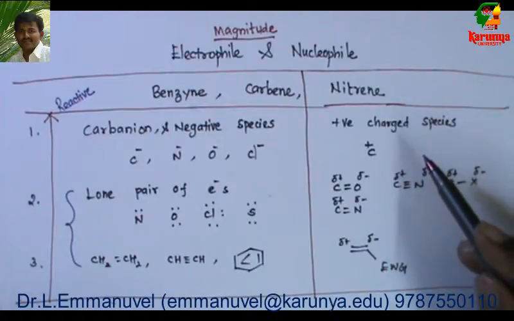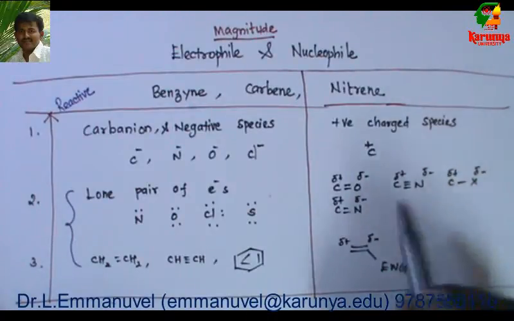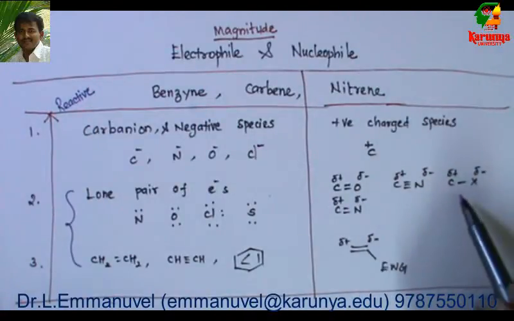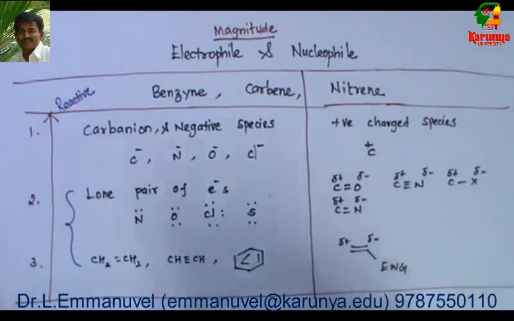We cannot separate that. But carbonyl group, nitrile, halide and imine, we can separate them. They are somewhat stable. Last one, alpha, beta unsaturated system. So I have given roughly the decreasing order of their reactivity or the decreasing order of their electron density.